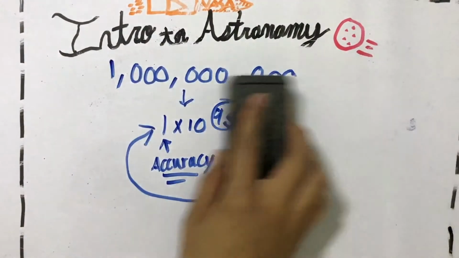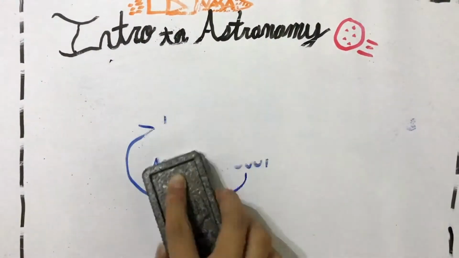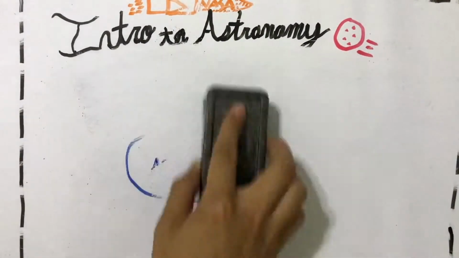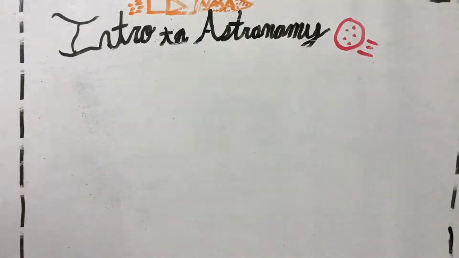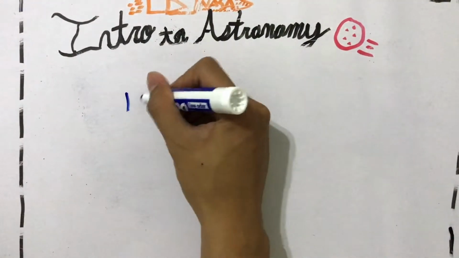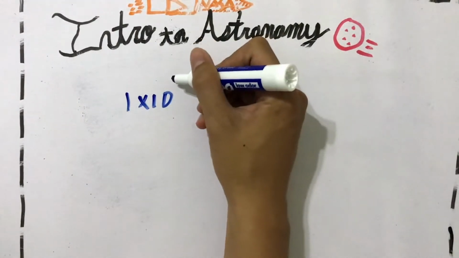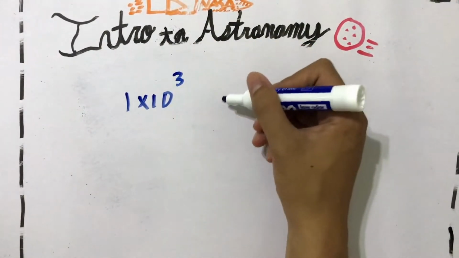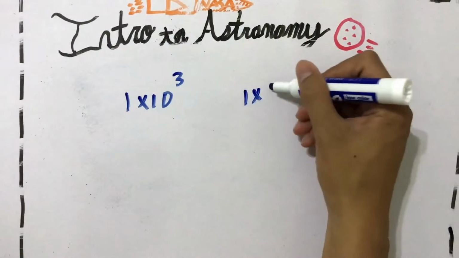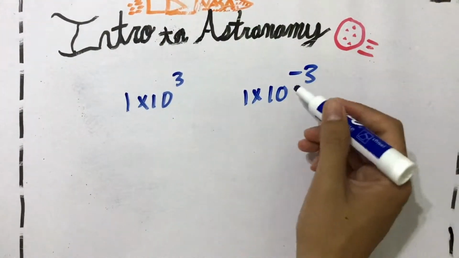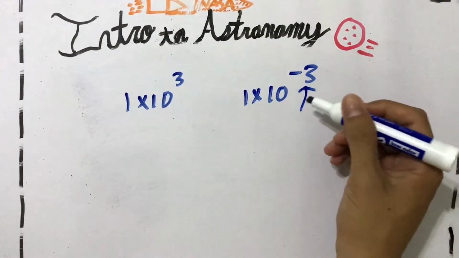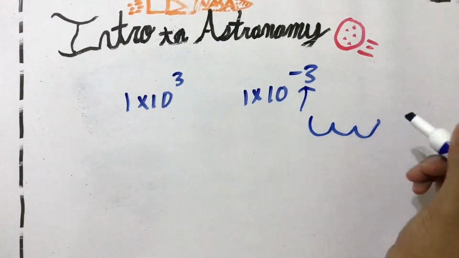A simple way that we can understand this quite easily, and a method that actually worked for me, is knowing that if we have 10 to the 3rd power and 10 to the negative 3rd power, a negative sign will always mean that it's moving to the right.